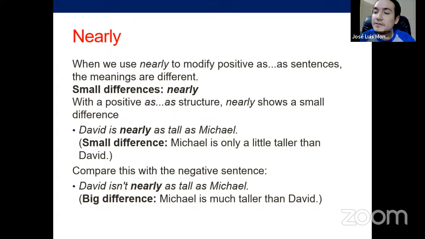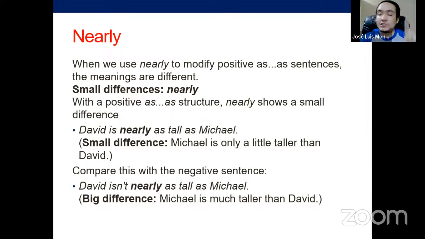Compare this with a negative sentence, right? This negative sentence is: David isn't nearly as tall as Michael. And when the difference is very big, we use negative sentences with nearly. In this case, it means that Michael is much taller than David, or David is much shorter than Michael.